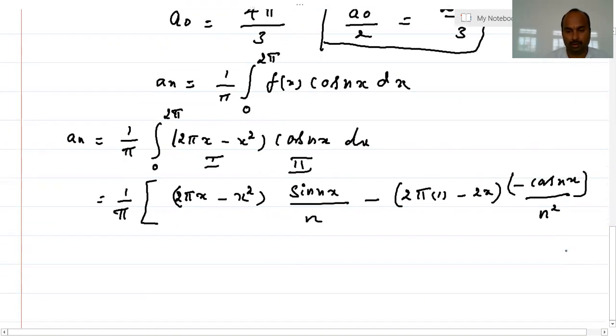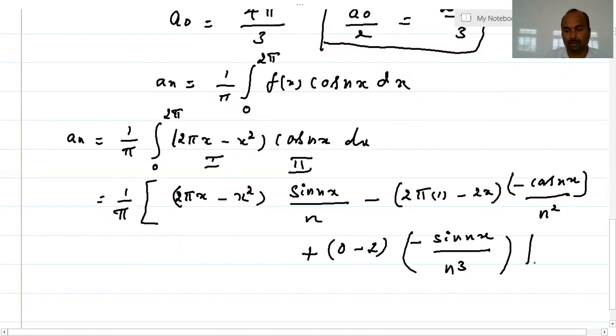So now one more time plus, upper this one, 2 pi differentiation is 0 minus 2x differentiation will be 2, and cos integration will be minus sin nx by n cube.